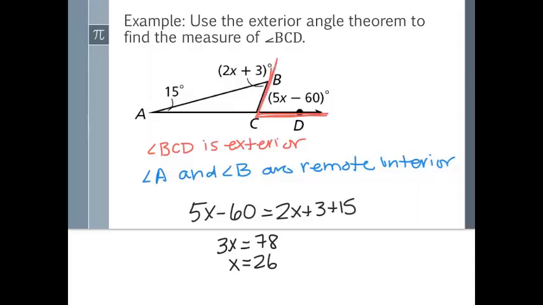So if we substitute 26 into that angle, 5 times 26 minus 60, 5 times 26 is 130, minus 60 equals 70 degrees.